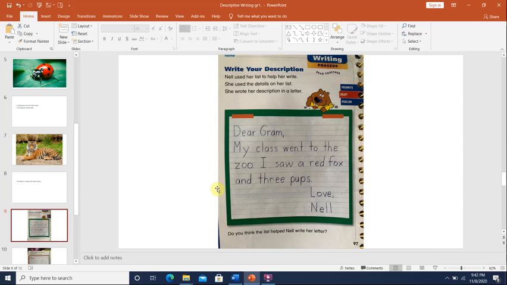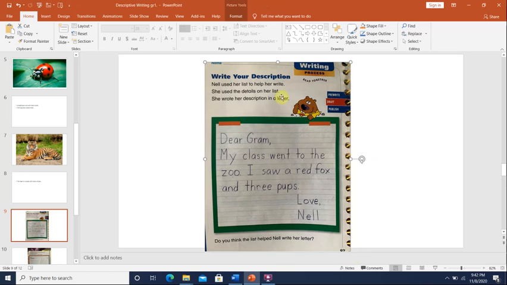Here we have another example, but here, instead of using one sentence to describe, here is a student who wrote to his friend that he went on a trip to the zoo with his class, and he would tell his friend Graham what he saw and what animal he will describe. Let's find out. It says, "Dear Graham, my class went to the zoo. I saw a red fox and 3 pups. Love, Nell."